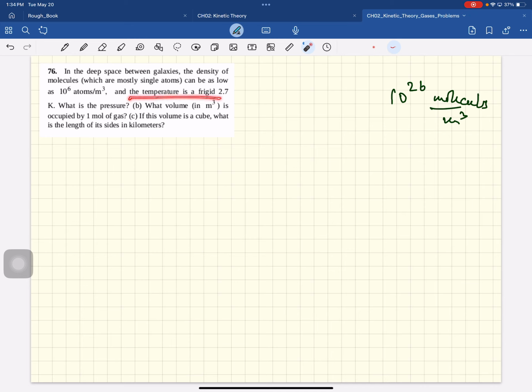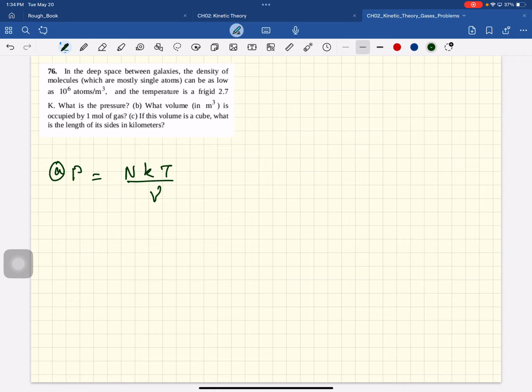And the temperature is a frigid 2.7 Kelvin. What is the pressure? So part A, the pressure is NkT divided by V. So N over V times kT.